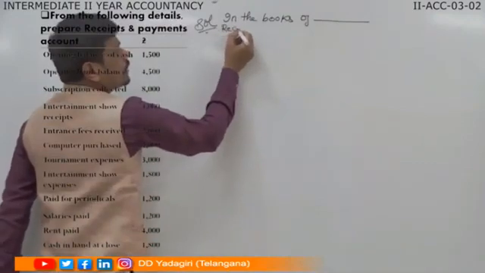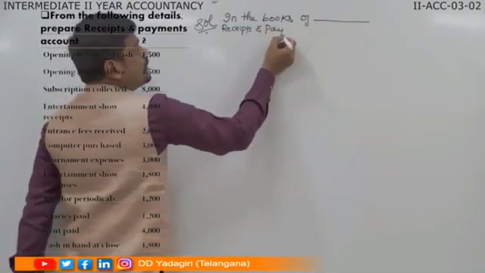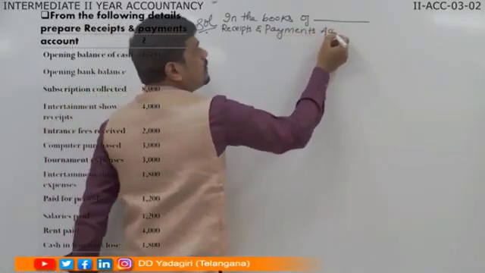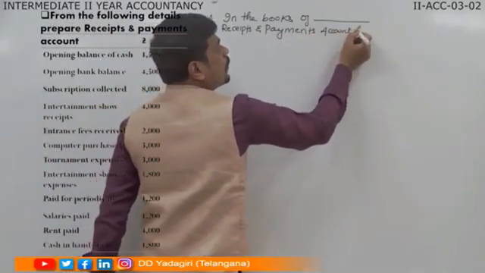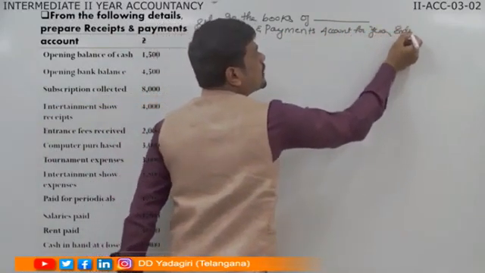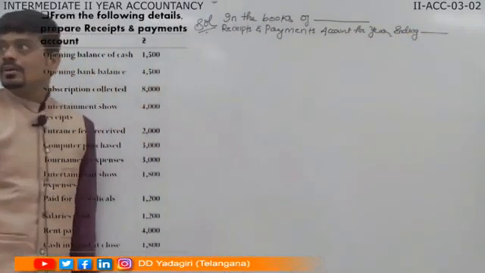Second line, write receipts and payments account for year. They have not mentioned the year, so we can write year ending dash. Okay.